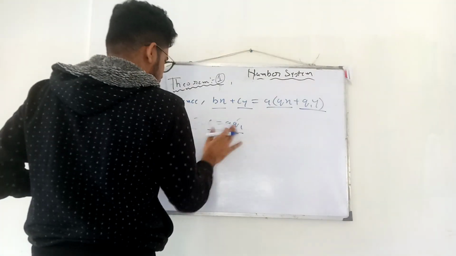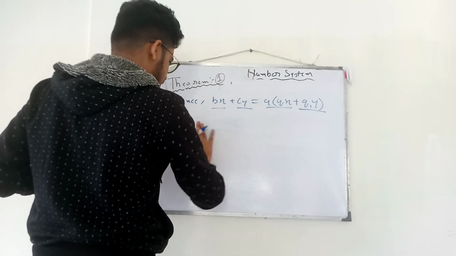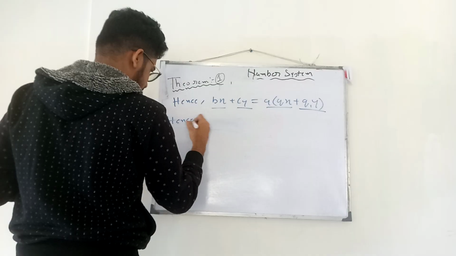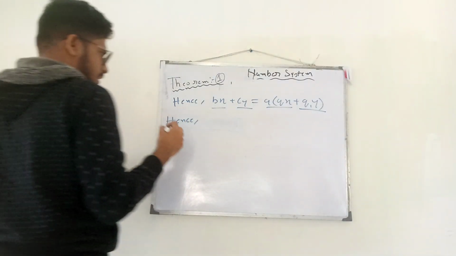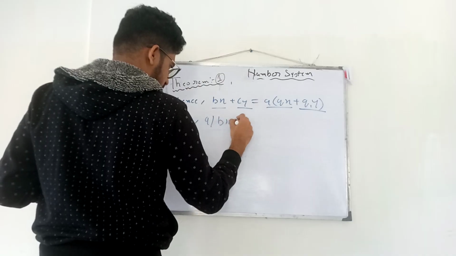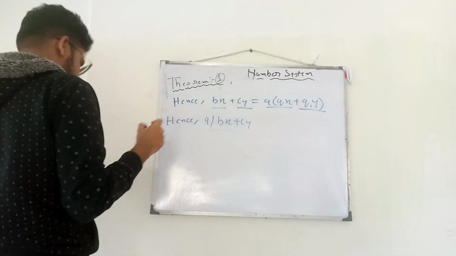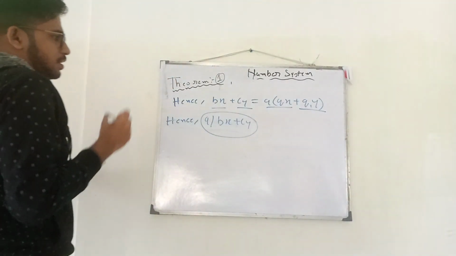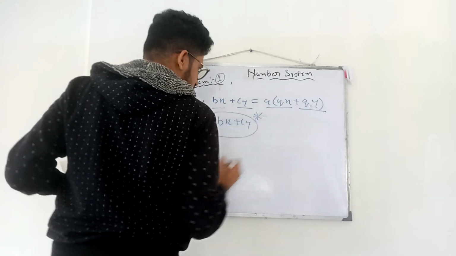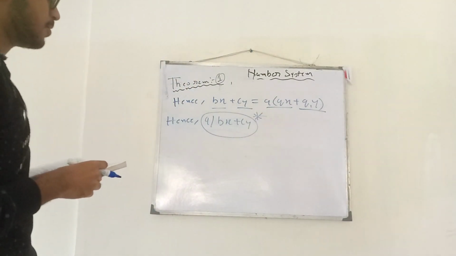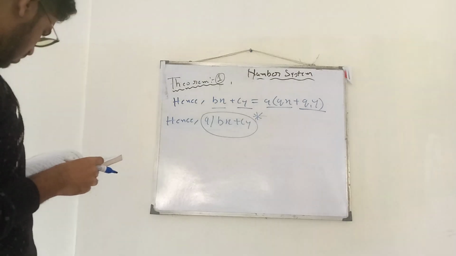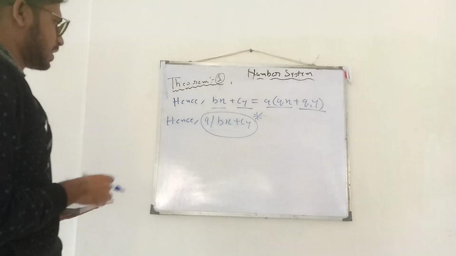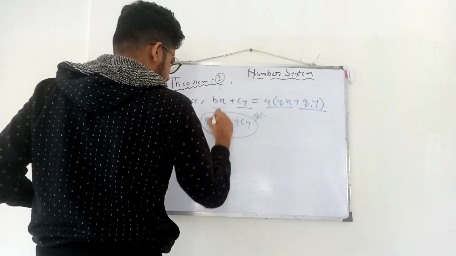So hence we can say that a divides bx plus cy. This is a divided by bx plus cy.